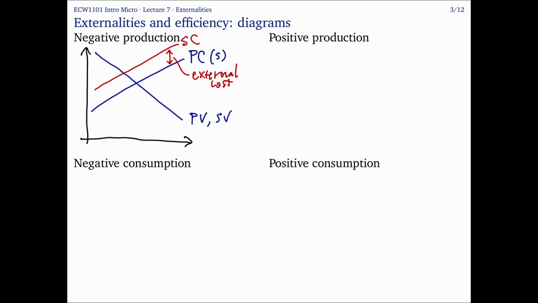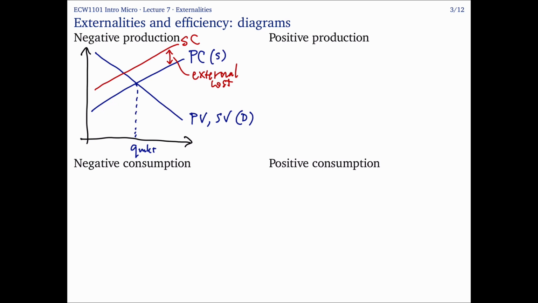The quantity that the market reaches, and this is demand by the way, is this, let's say quantity market, MKT for market. But the socially efficient quantity is the one where the marginal social value equals the marginal social cost.